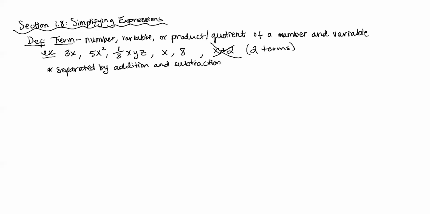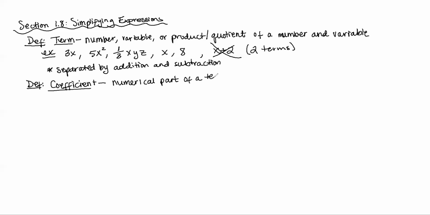All right, second definition here. This is for a coefficient. A coefficient is just the number you see in front of the variable, and so we'll call this the numerical part of a term.